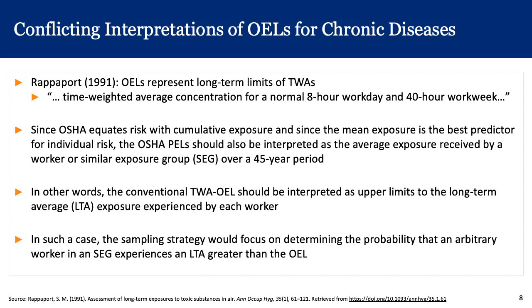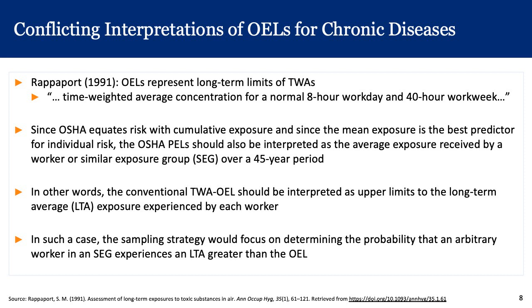And OSHA equates risk with cumulative exposure, and since the mean exposure is the best predictor for individual risk, the OSHA PEL should also be interpreted as the average exposure received by a worker or an SEG of workers over a 45-year hypothetical career or time period of exposure.